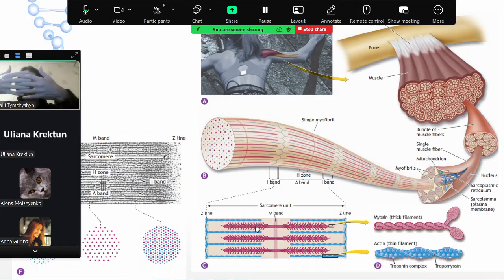They are sliding this way, and that's basically the mechanism why the muscle gets shorter or longer. They can get shorter and exert a certain force by sliding one past another. Today we will consider more detailed mechanisms of how this sliding is performed, and if we have time, even where they get energy for this sort of sliding.